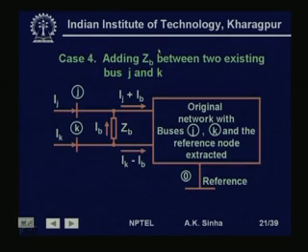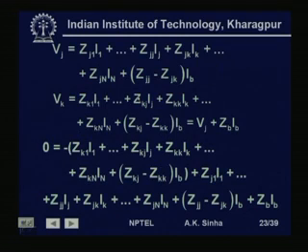The current injection at bus J is Ij plus Ib. So we will get Zjj into Ib, and at bus K we have Ik minus Ib, so Zjk times minus Ib. So this we have written as Zjj minus Zjk into Ib at the end.